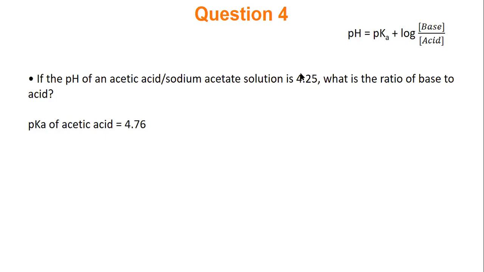All right, so hopefully you had some time to at least attempt this or think about it. Let's take a look at this. So rewrite my equation and start filling stuff in. pH equals pKa plus log base over acid.